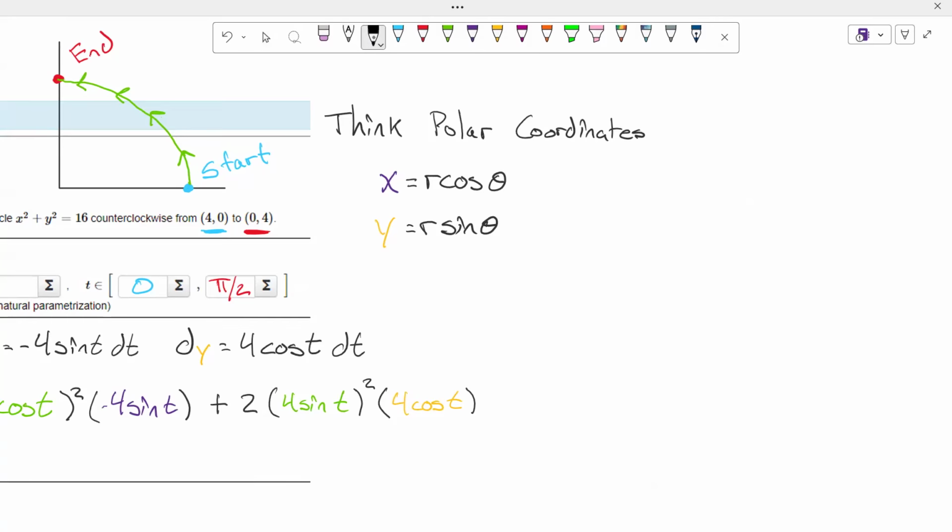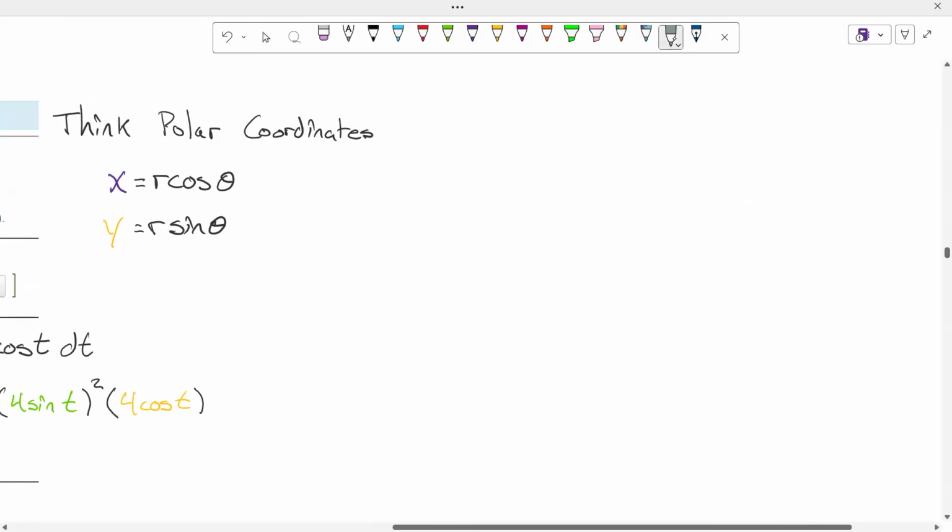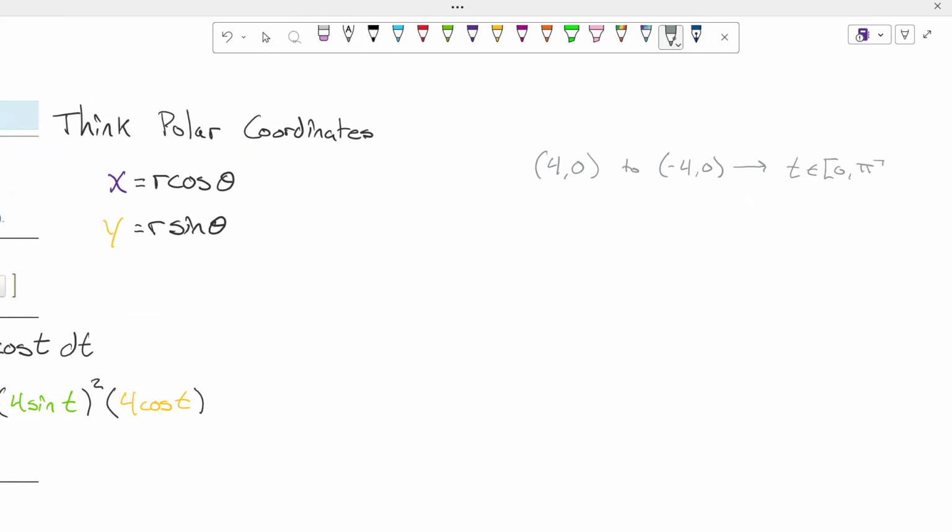But if we looked at just a few other paths that I want to write down over here, say I did (4, 0) to (-4, 0), those are going to be the angles 0 to pi. If I were to do (0, 4) to (0, -4), that's going to be angles of t from pi over 2 to 3 pi over 2.